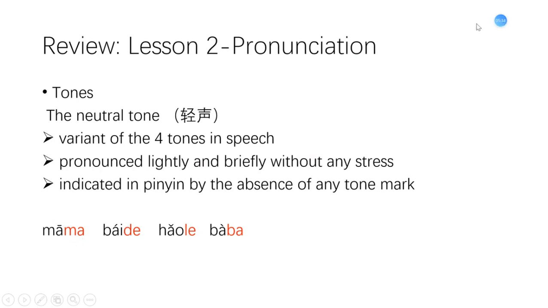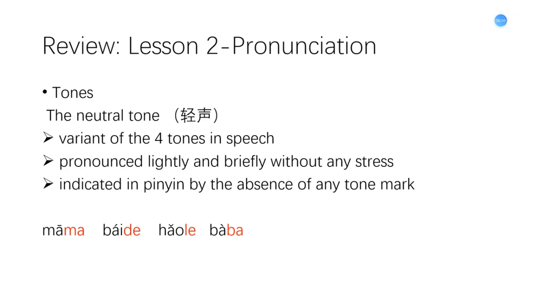You can feel how to read a neutral tone after different tones: after the first tone, second tone, third tone, and the fourth tone. So we know that besides the four tones, there is still a kind of change of the four tones. We call it 轻声. It is a variant of the four tones in speech.